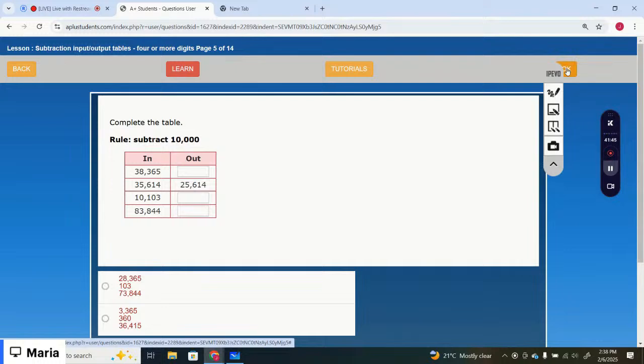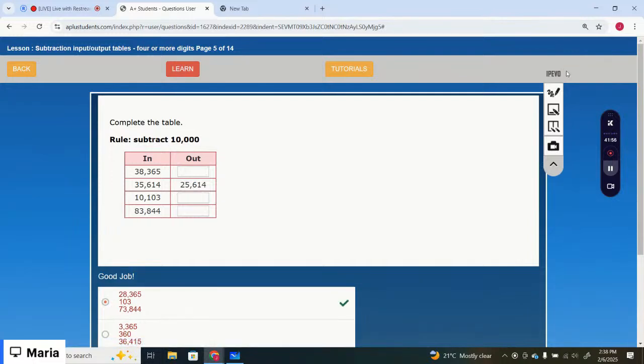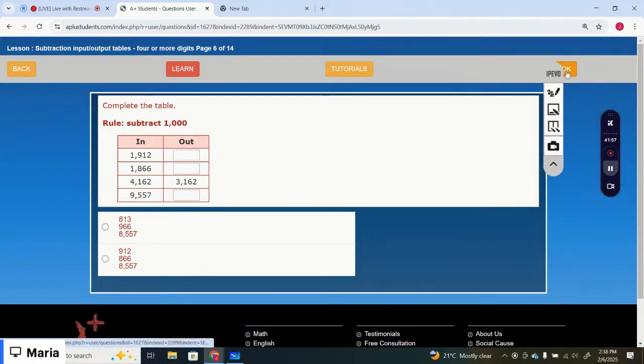Option number 1 is the correct option. Very good. That is 28,365, 103, and 73,844. Complete the table.